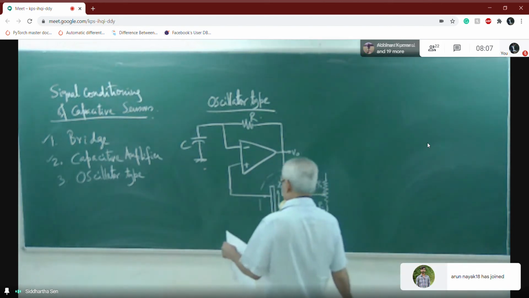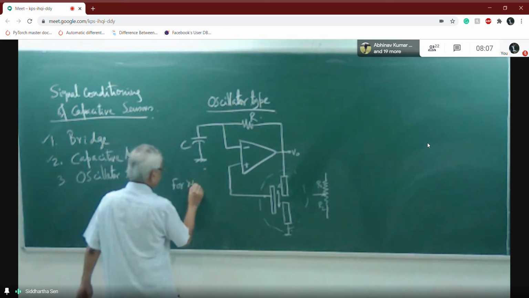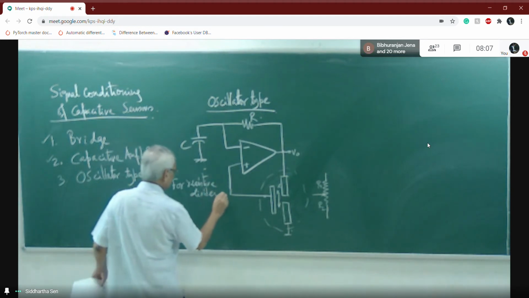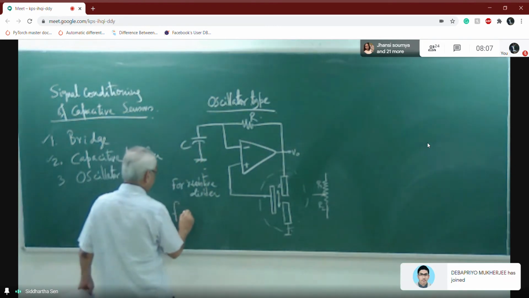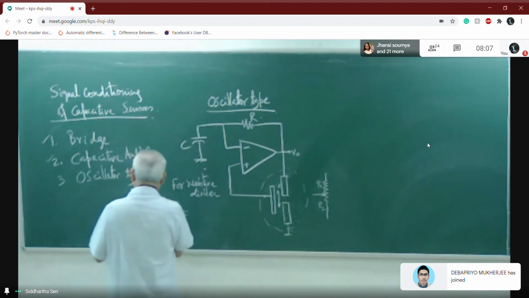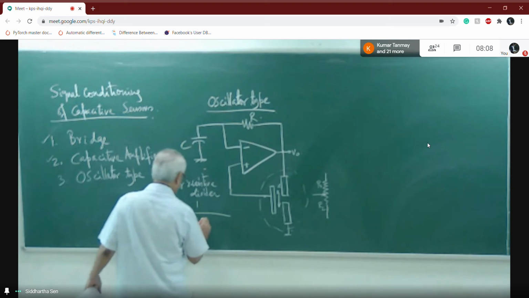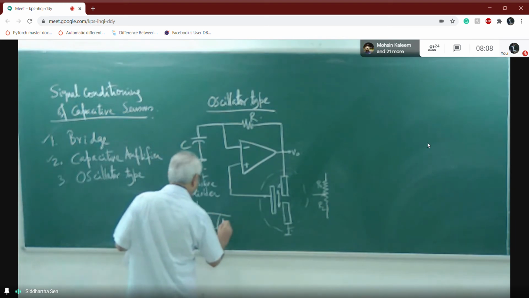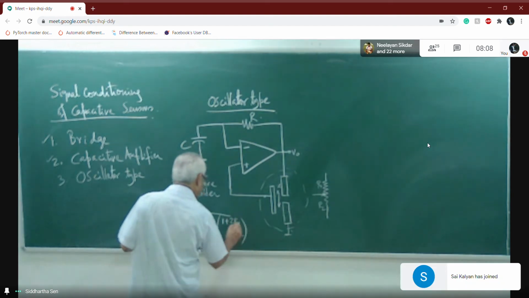In this case, for the resistive divider, this will generate a frequency, and the frequency is equal to 1 by RC log natural (1 plus 2R1 by R2).